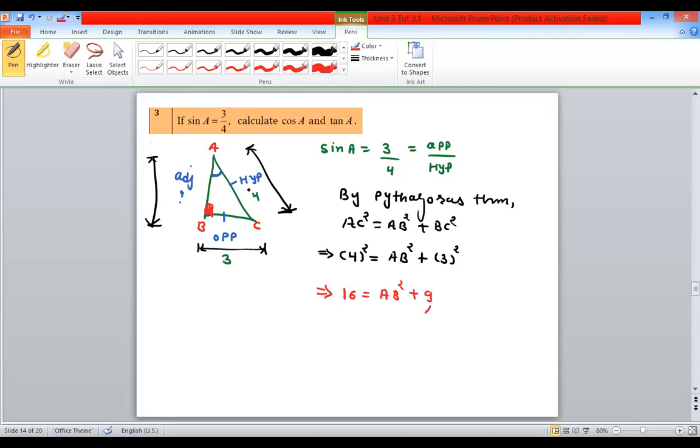This 9 from here changes its sign, so it will be 16 minus 9 is equal to AB square. 16 minus 9 is 7, it's AB square. But I want AB, not AB square. So square is converted into square root. Hence your AB is under root 7 unit. So student, you got all three sides.